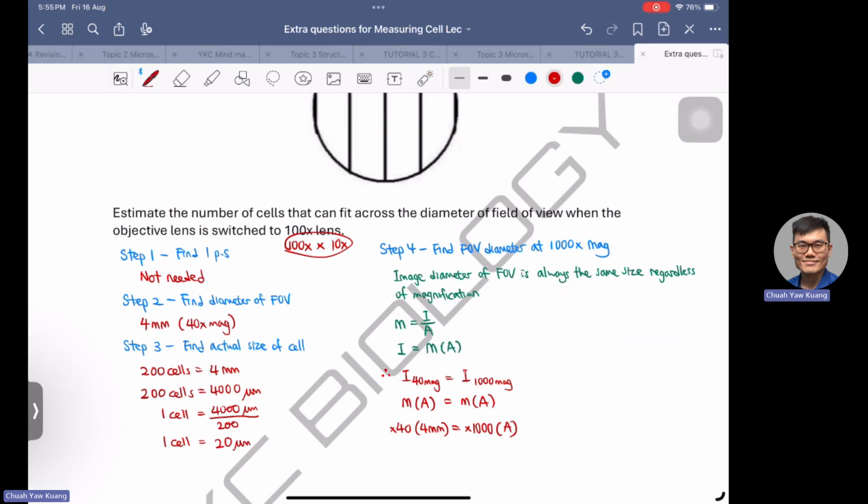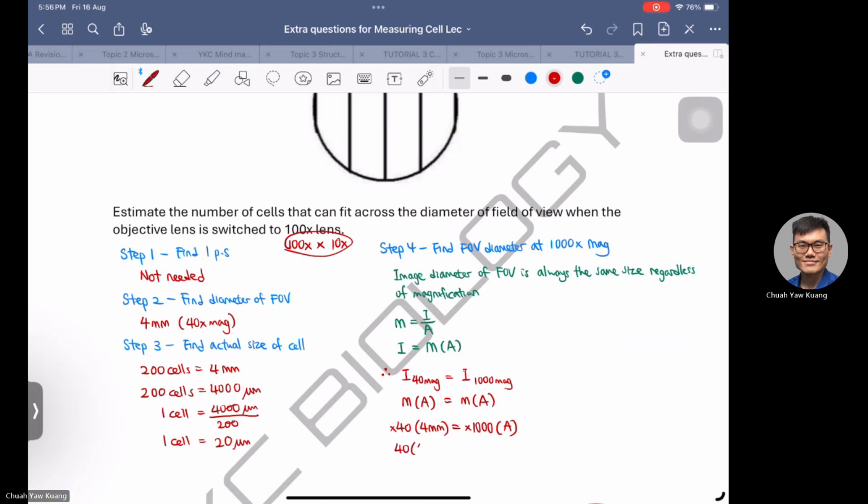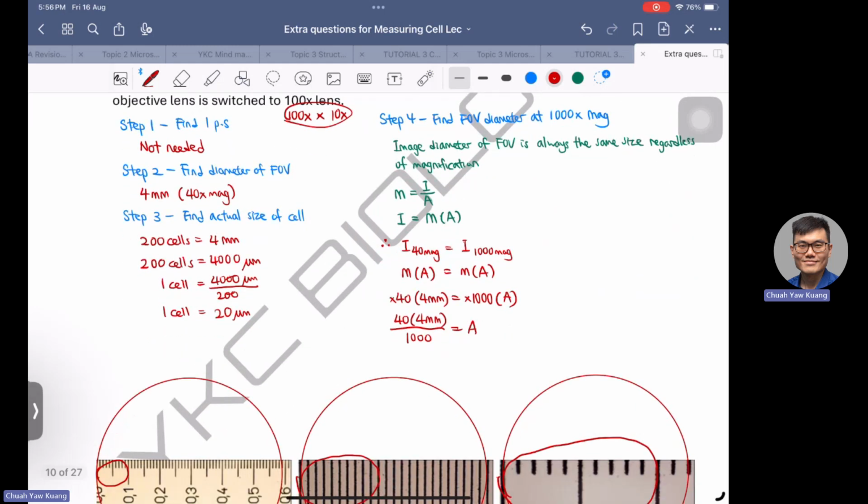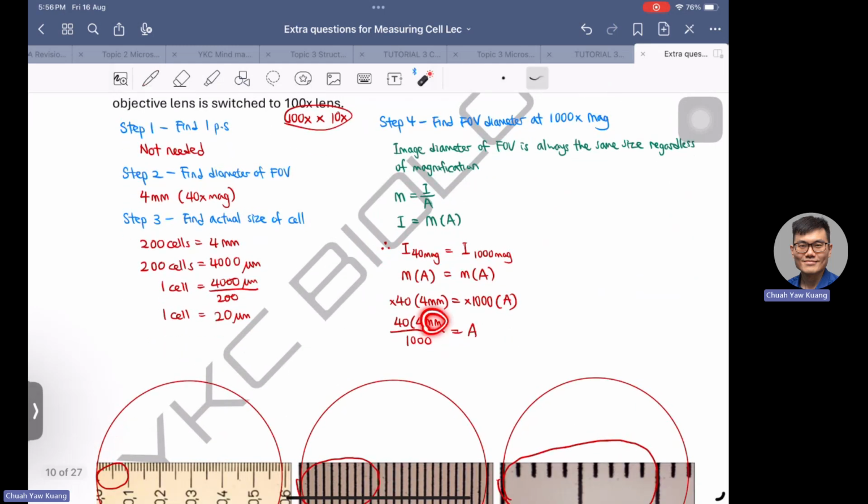So that will mean 40 times 4 mm, then divide by 1000, equals the actual diameter of the FOV. From here, we need to convert millimeter to micrometer.